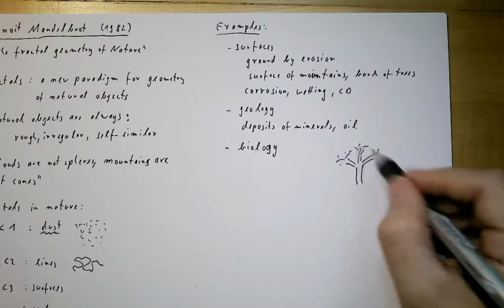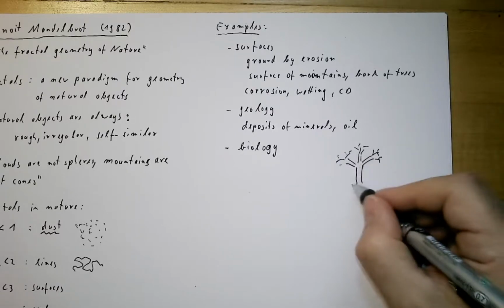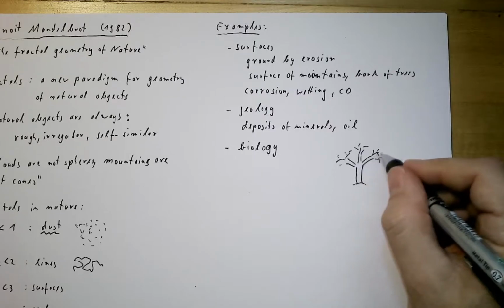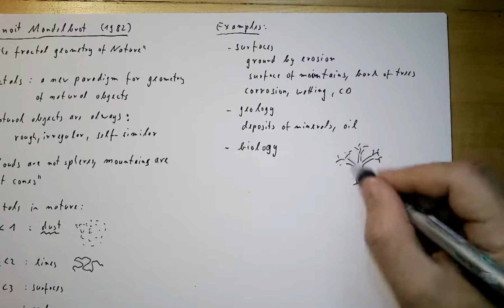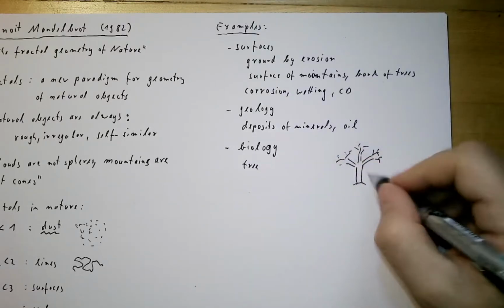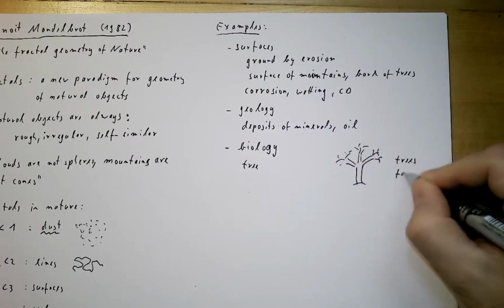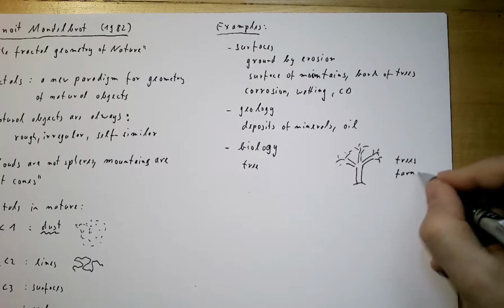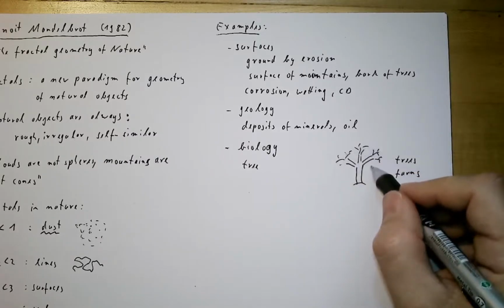Here the roughness appears: along the length from the root to the leaves, we get new branches at all scales. So a tree, or all kinds of ferns and plants in general, have this fractal structure.